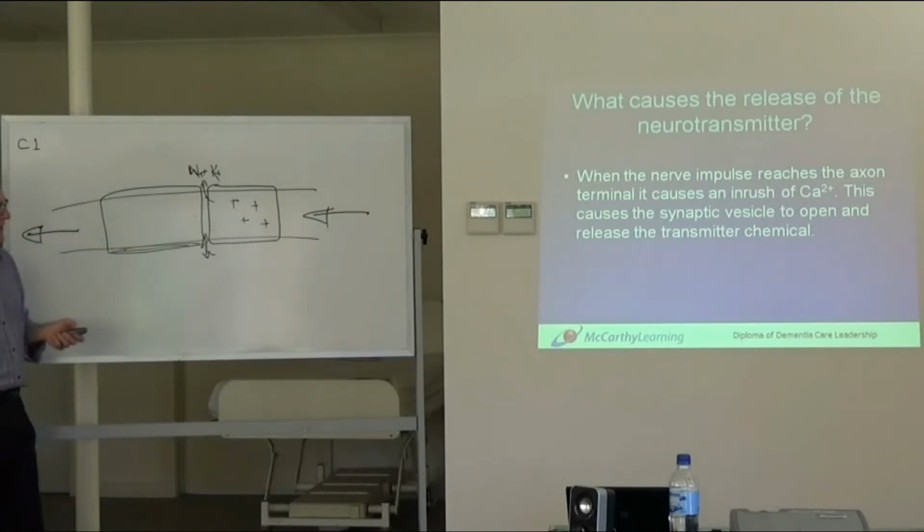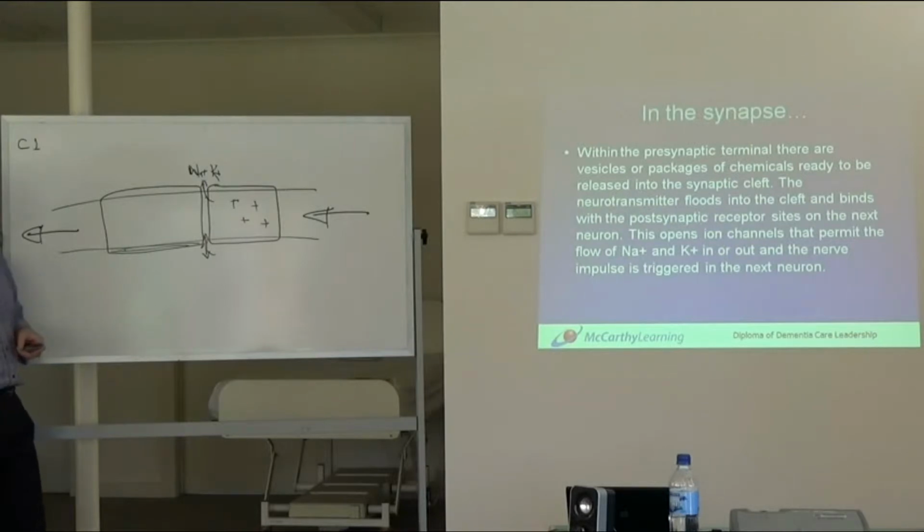So we've got a two-step process happening. Within the synaptic terminal, there are vesicles or packages of chemicals ready to be released into the synaptic cleft, which is that space between the two neurons. The neurotransmitter floods into the cleft and binds with the postsynaptic receptor. That means the next neuron.